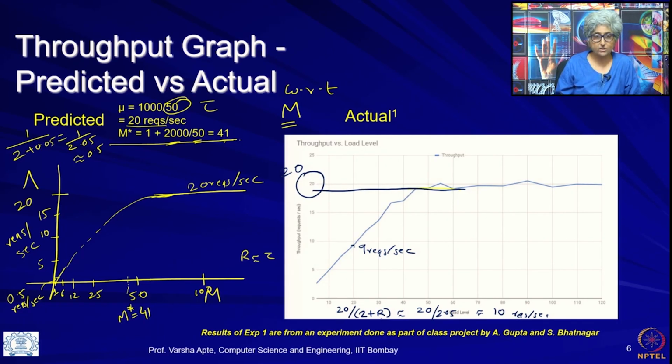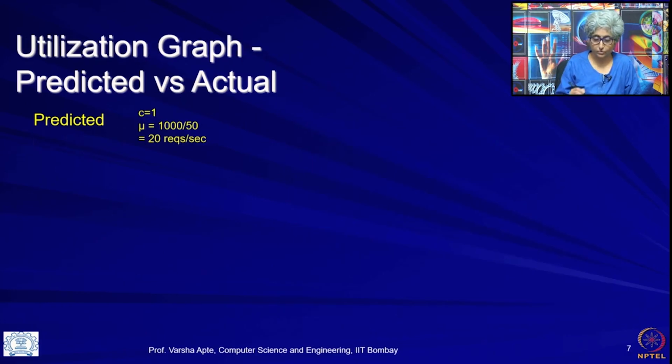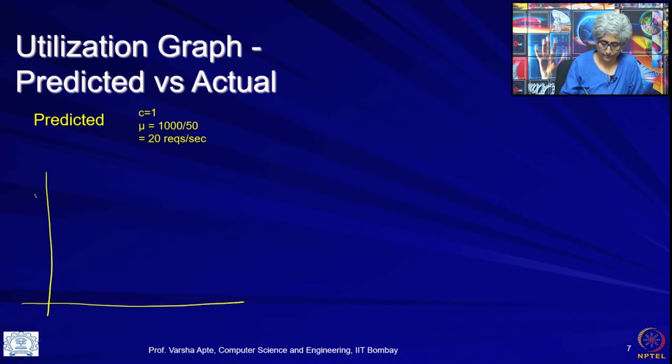So, now let us go to utilization. Similar things can be done for utilization. Let us draw the graph. Now this is rho, it is going to be between 0 and 1.